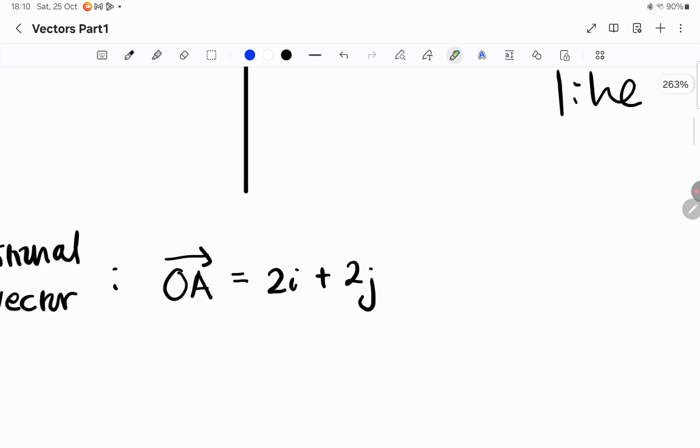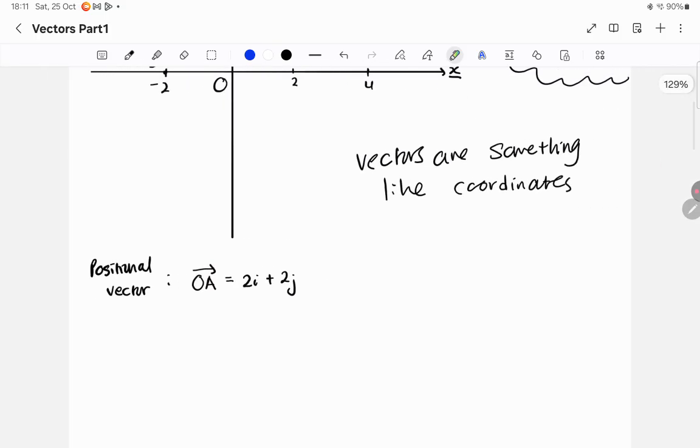If you look at this equation, the way you'd read this is 2 units in the x direction and 2 units in the y direction. So that's how you are going to go about vectors. This is just a simple form of how it's written.